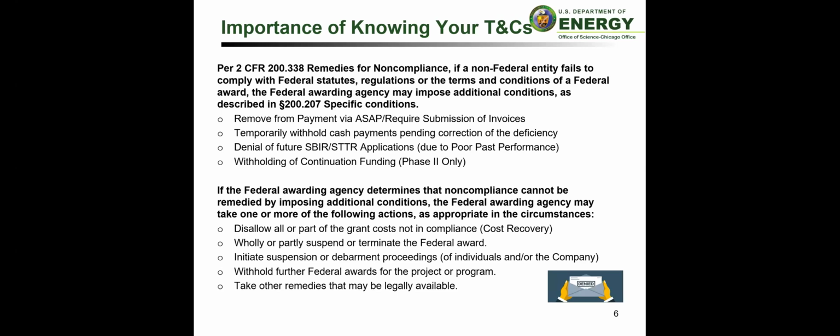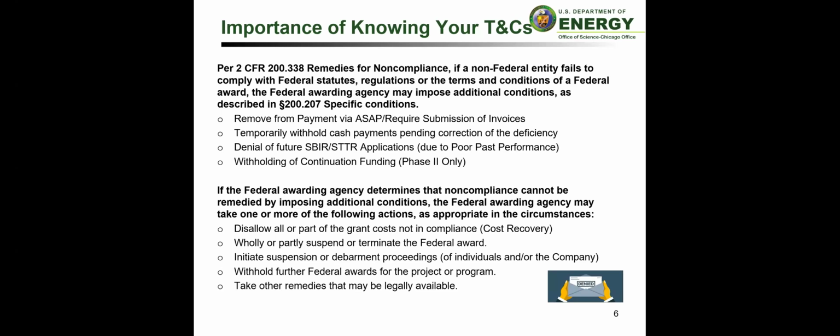The range of remedies runs from something administratively innocuous or not so bad to something pretty harsh and severe. This slide describes some things that DOE can do. We would start by first notifying a company via email of a reminder of terms and conditions. But if that doesn't work, we can remove somebody from the ASAP system and put a company on invoicing.